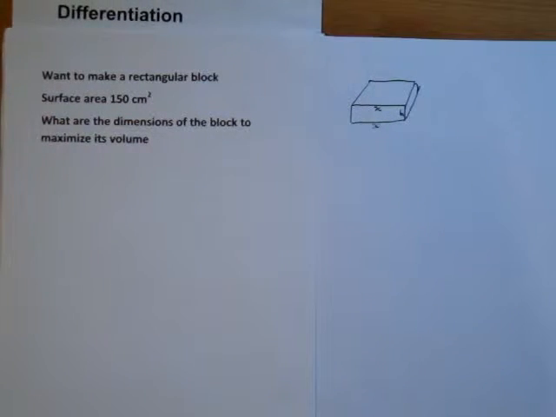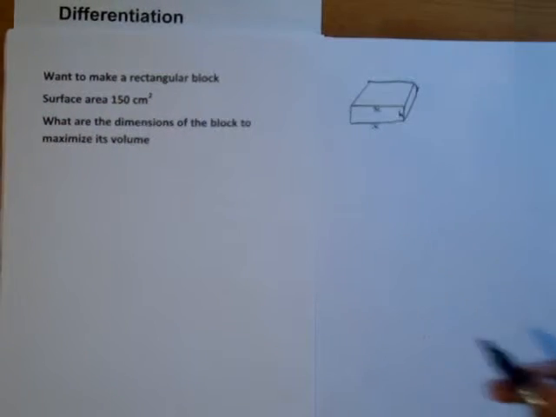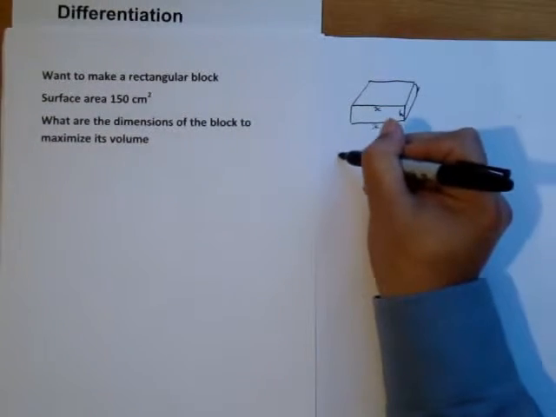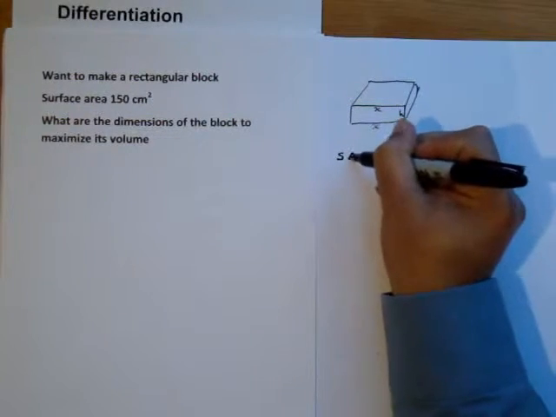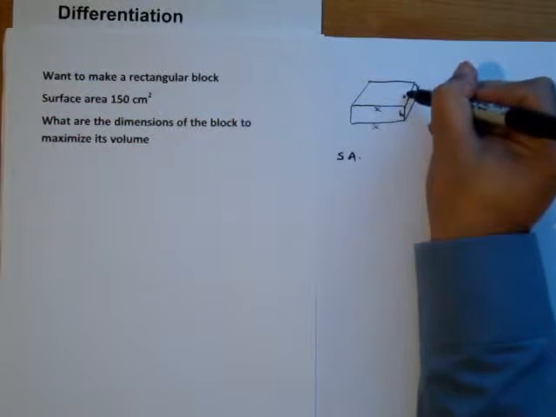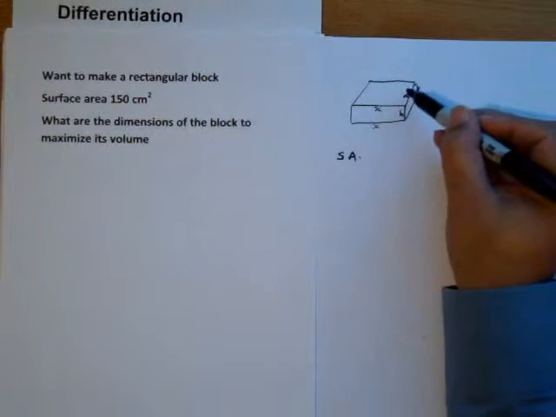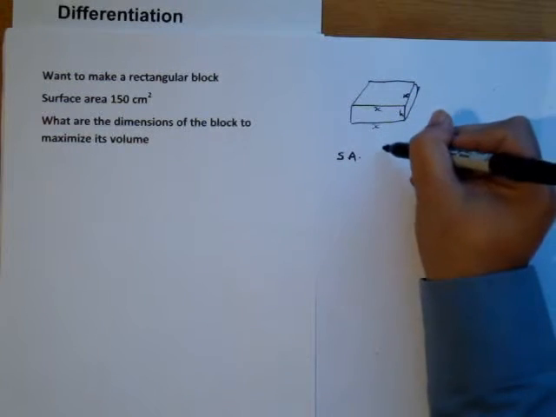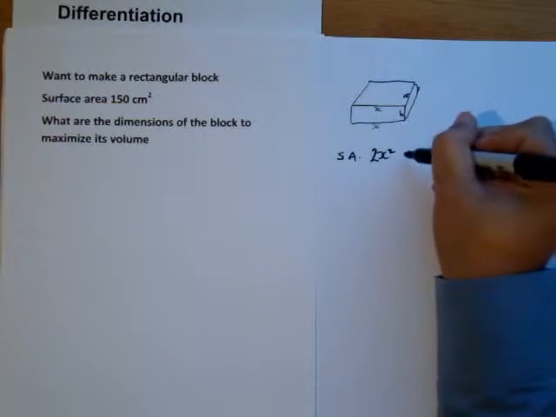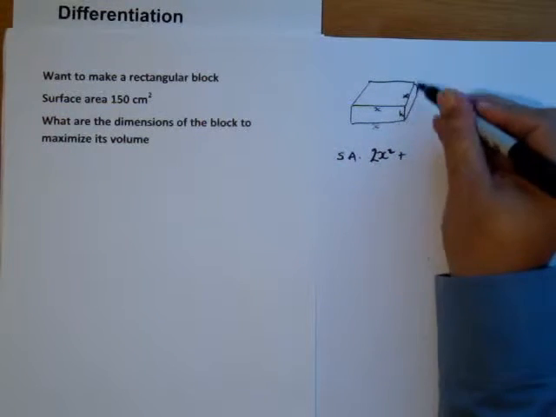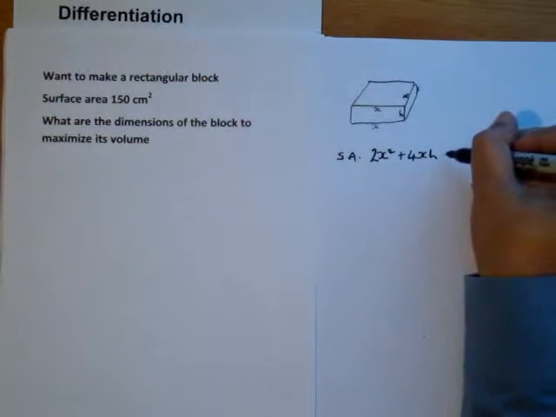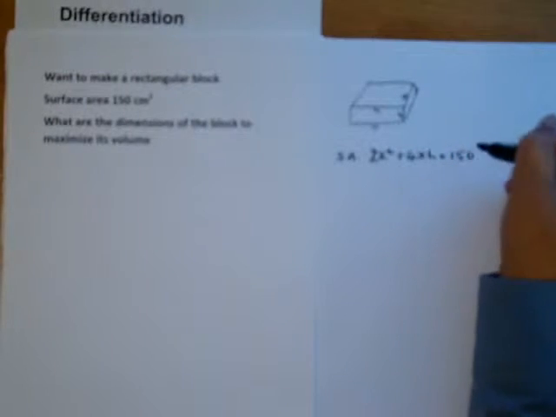Okay, so we're given our constraint, which is the surface area is 150 centimeters squared. The surface area for this block would be 2x squared, the top surface and the bottom surface, plus 4 sides, which is 4xh, and that would equal 150.